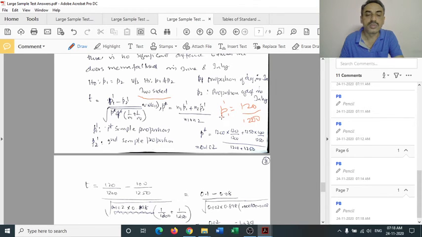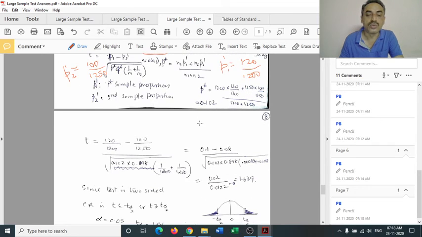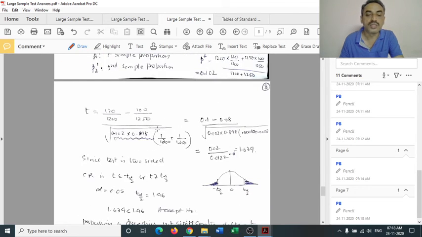Likewise, the proportion of the second sample, P2 dash, is equal to 100 divided by 1,250. Now using these values, we substitute in the equation of P star. We estimate P star using this equation. It is 0.102. Q star is 1 minus P star, that is 0.898.